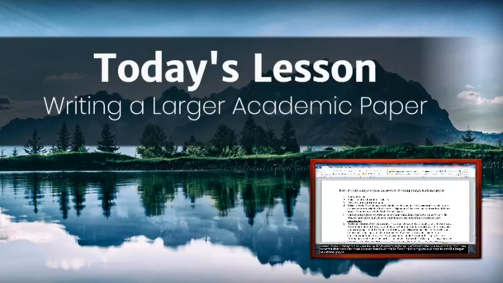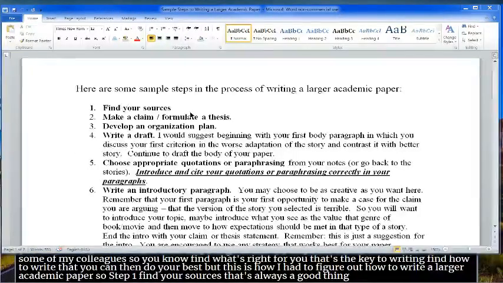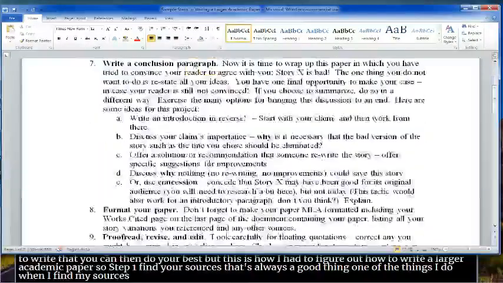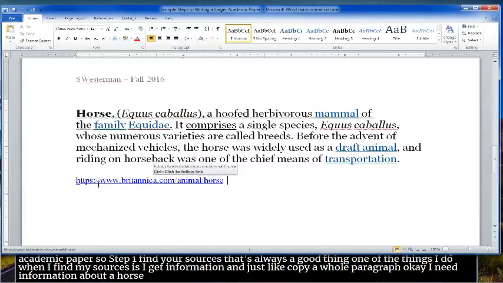So, step one, find your sources. That's always a good thing. One of the things I do when I find my sources is I get information and just copy a whole paragraph. Okay, I need information about a horse. Copy. Here's the link so I can go back to it.